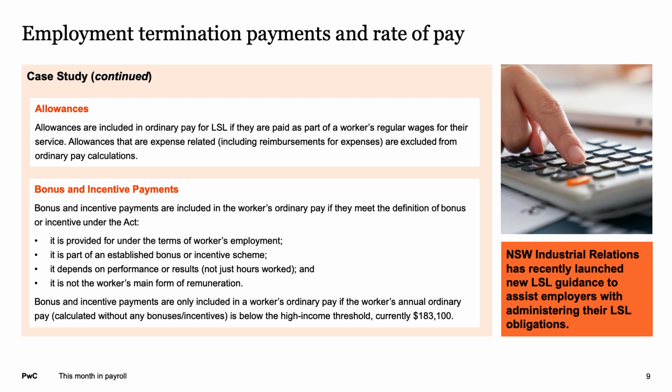Bonuses and incentive payments are only included in the worker's ordinary pay if the worker's annual ordinary pay, calculated without any incentives and bonuses, is below the high income threshold, which is currently $183,100.